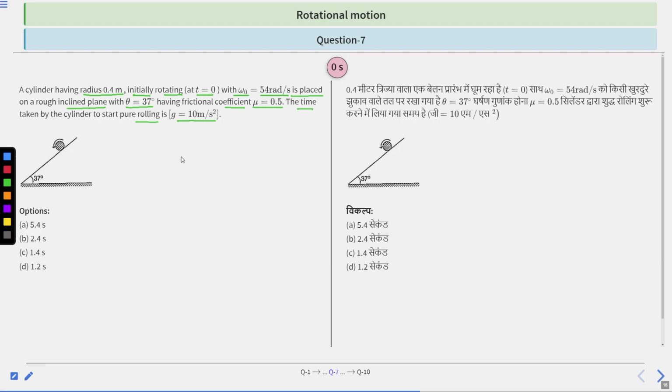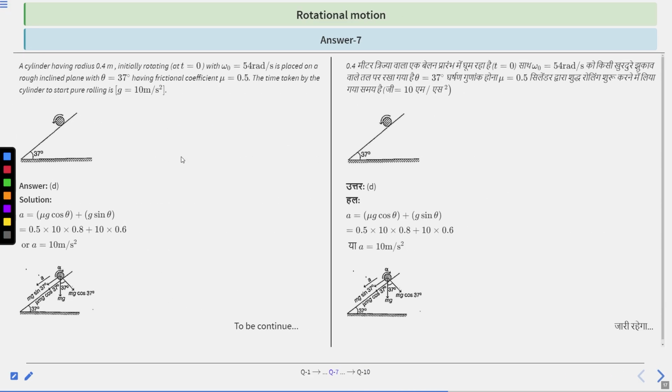Let's find a solution. So this is a cylinder rotating like this. Initially resolve its components. Suppose the mass of this body is m, so the weight acts vertically downward, which is mg.